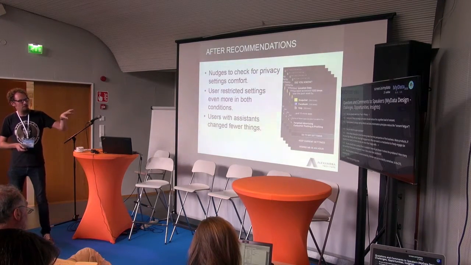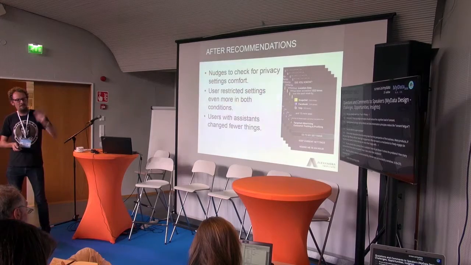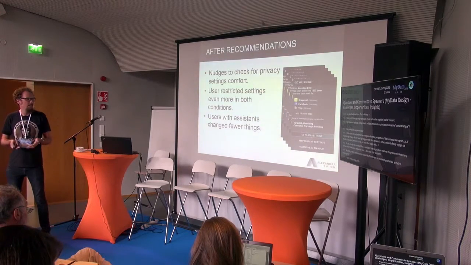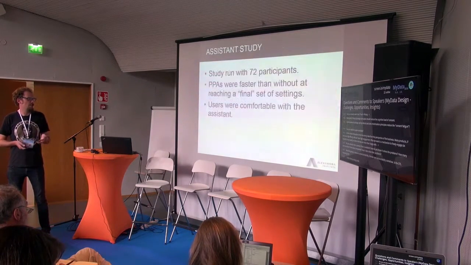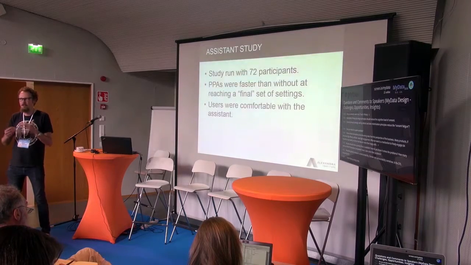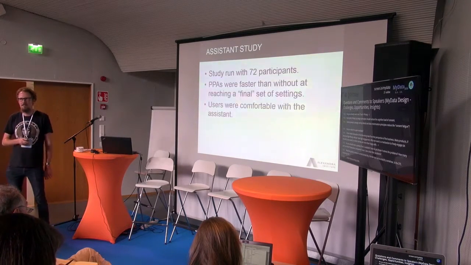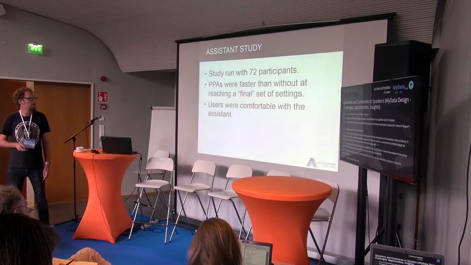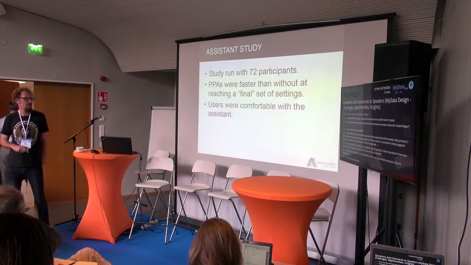What we found in both conditions, the control and the one where they saw the assistant, was that they restricted more settings after seeing the assistant, but that the users with the assistant converged towards a stable set of privacy settings faster than the control group. So this was a success for the study.